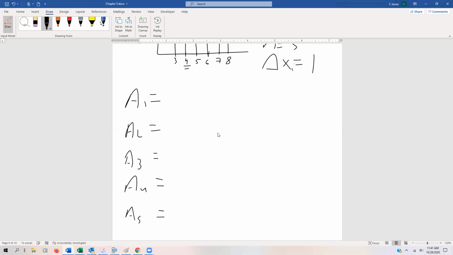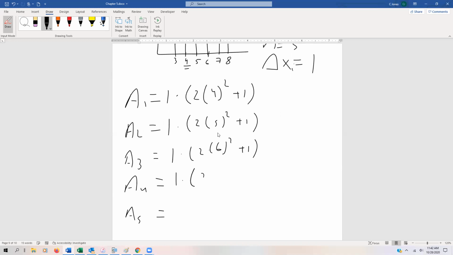Now remember, we're going to start with 4. So that's 1, which is delta x, times 2 times 4 squared plus 1, then 1 times 2 times 5 squared plus 1, 1 times 2 times 6 squared plus 1, 1 times 2 times 7 squared plus 1, and then mercifully, 1 times 2 times 8 squared plus 1.